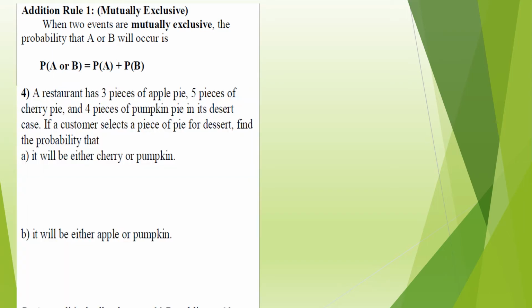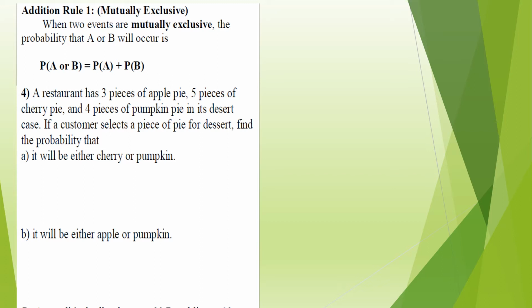Example number 4. A restaurant has 3 pieces of apple pie, 5 pieces of cherry pie, and 4 pieces of pumpkin pie in its dessert case. If a customer selects a piece of pie for dessert, find the probability that it will be either cherry or pumpkin.